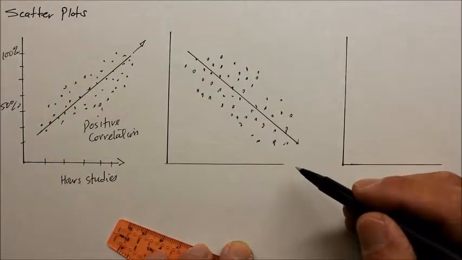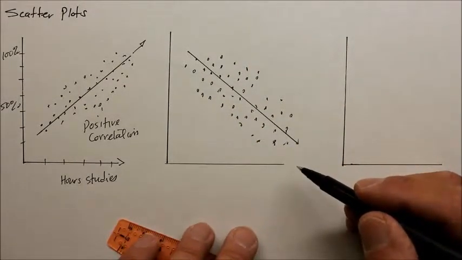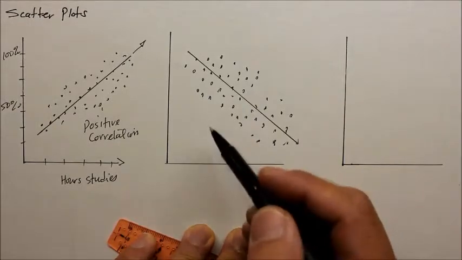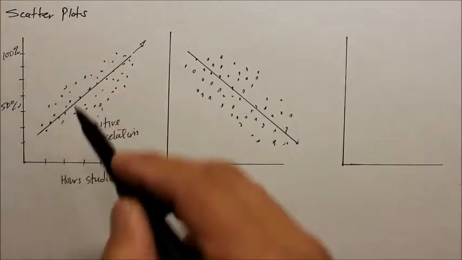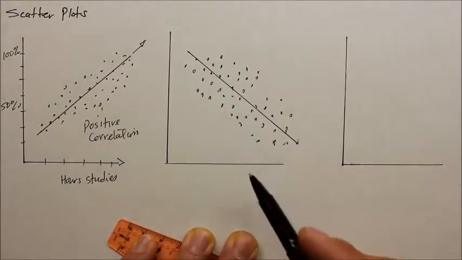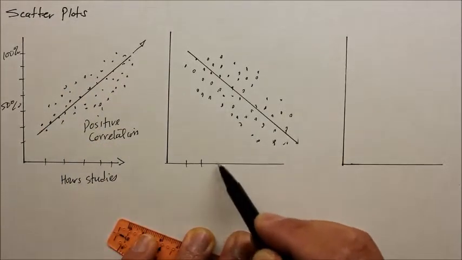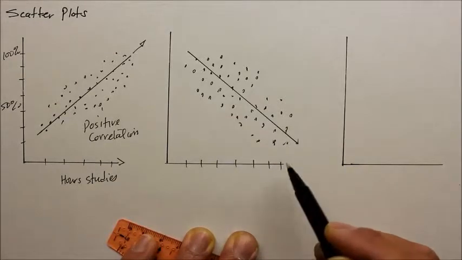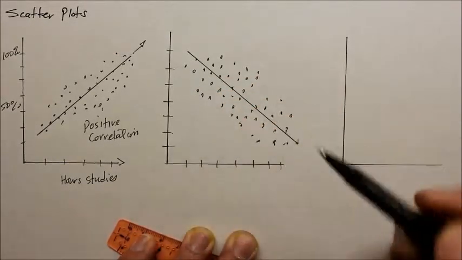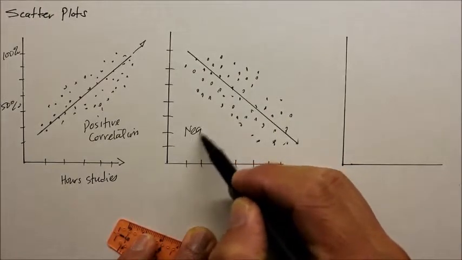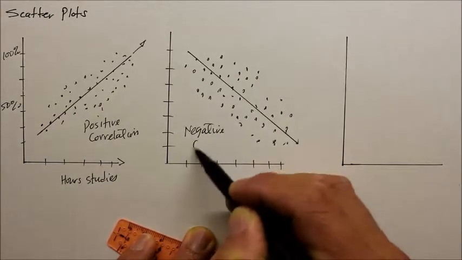So what are the two quantities that may give this kind of situation? Over here, as time goes by, something gets bigger and bigger. That's called a positive correlation. This one, as time goes by, something gets smaller and smaller. This is called a negative correlation.